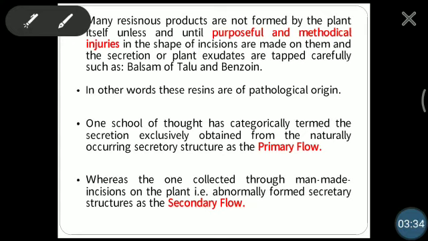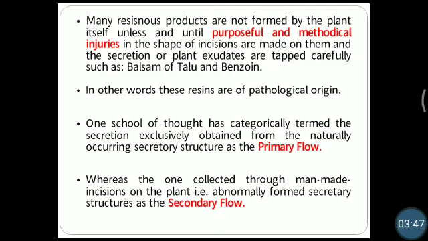Natural secretion in this kind of plant does not occur unless you go for purposeful and methodological injuries to the plant. In other words, these resins are of pathological origin.